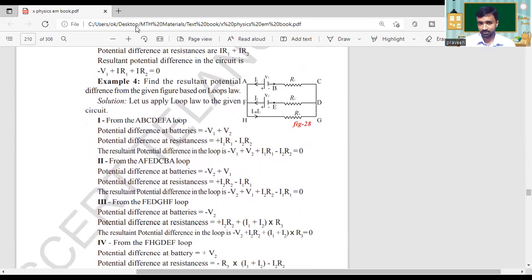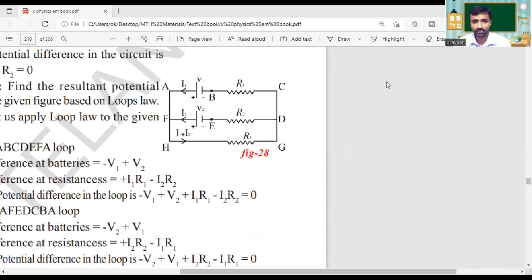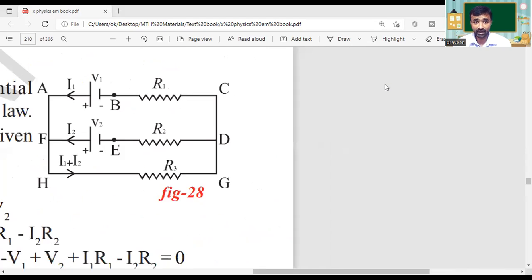Come to example 4. Here, did you see the different currents available in the given loops? Different currents are available, namely the I1 current, the I2 current, and the I1 plus I2 current.